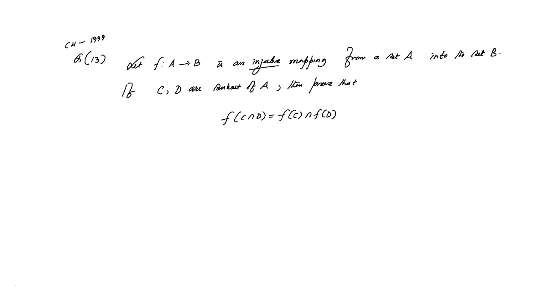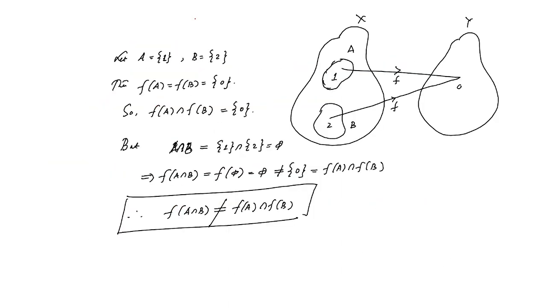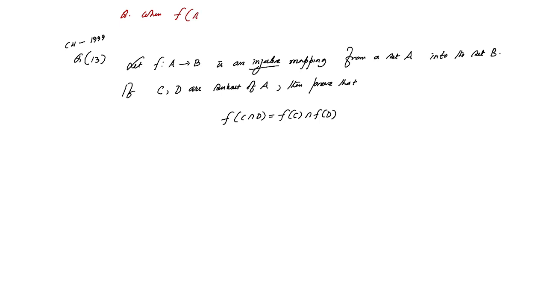Now the question is, initially for intersection, the image of the intersection is not equal to the intersection of the individual images, but it is true if f is an injective mapping. If you ask when, for the previous question, the intersection will be true, that means when f of A intersection B equals f of A intersection f of B, where A and B are subsets of X and f is a map from X to Y, when will this result be valid?